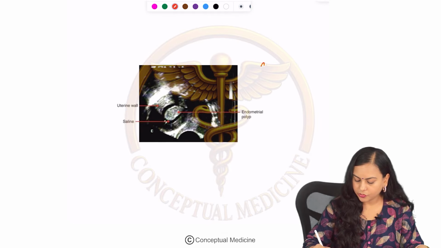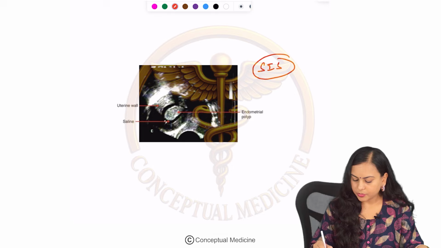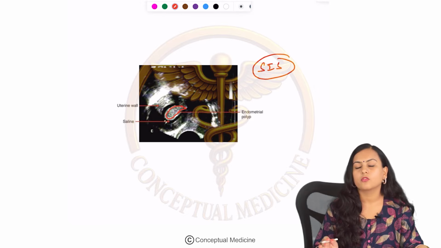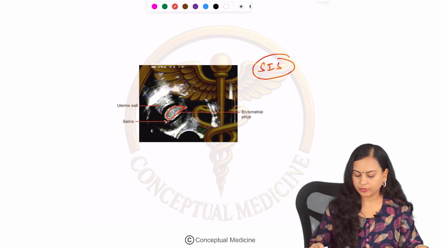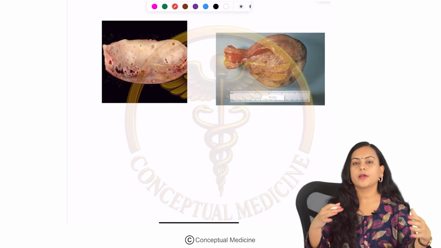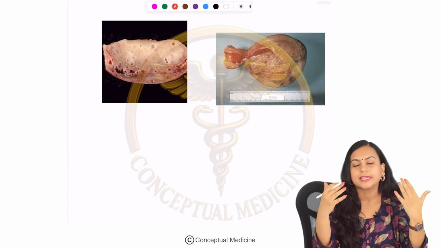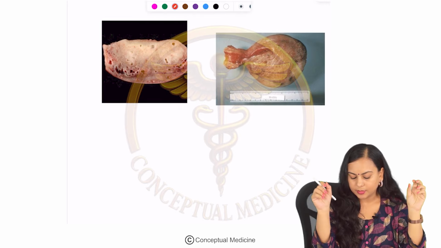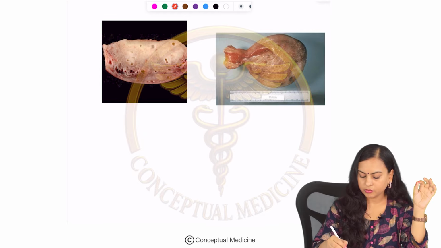Yes. So this is another picture. This is a saline infusion sonography where you are able to see the endometrial polyp separately from that of the uterus. Okay, and the saline is sitting between the uterine wall and the polyp. Clear? Right. Now, suppose they give you any kind of abnormal uterine bleeding history and they give you the specimen. Okay, so here you see what?